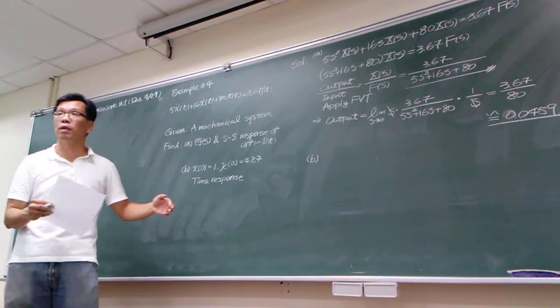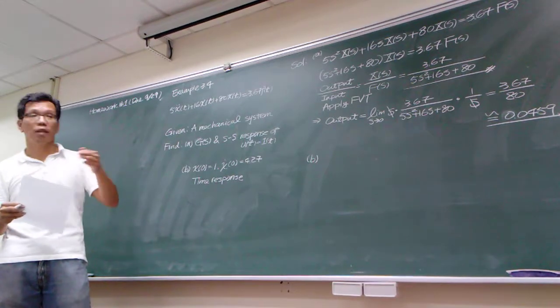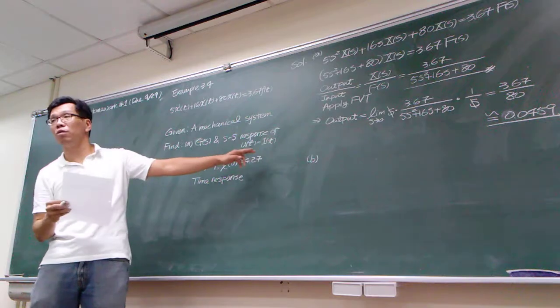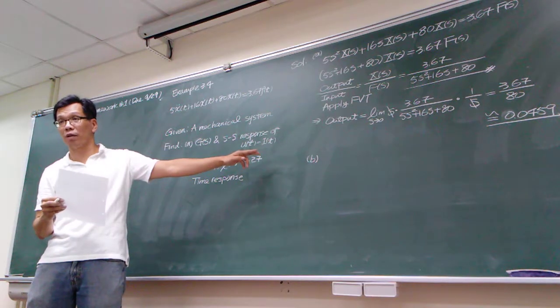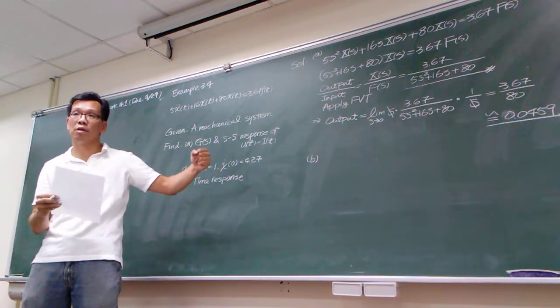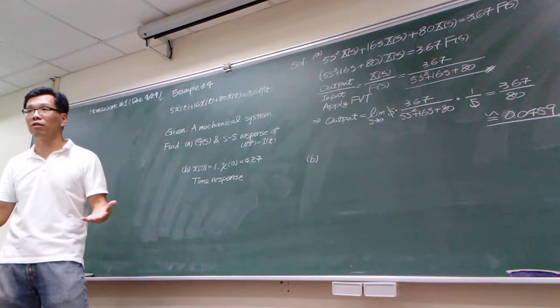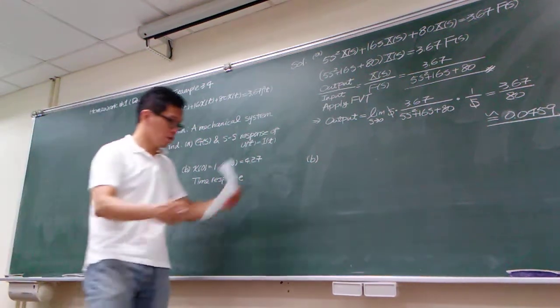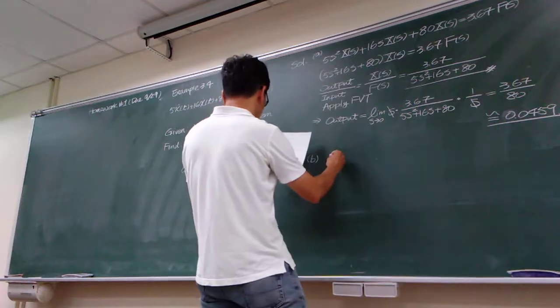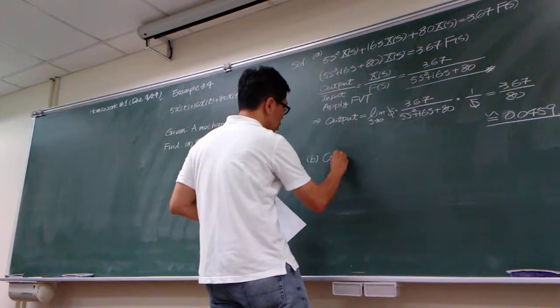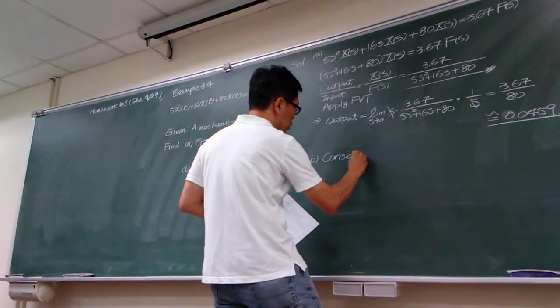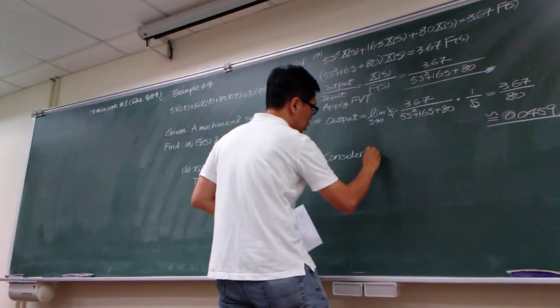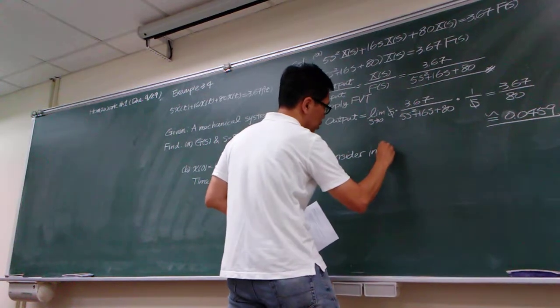So we need to use a formula that includes those two conditions when I'm doing my calculation, and we need to come up with the final value and the time response. So when we're doing something like this, we need to consider initial conditions.